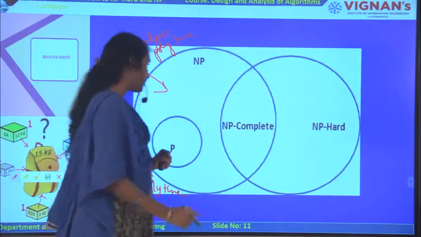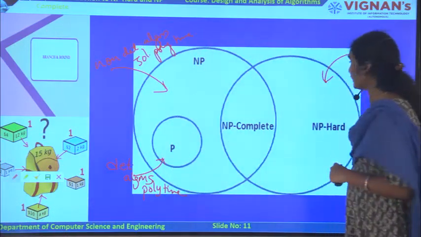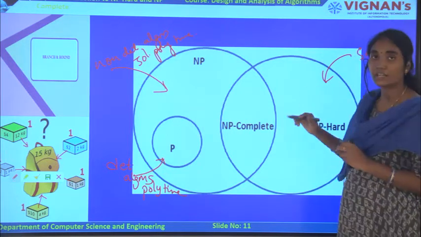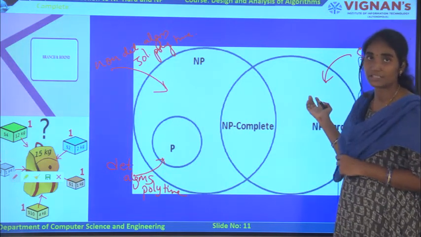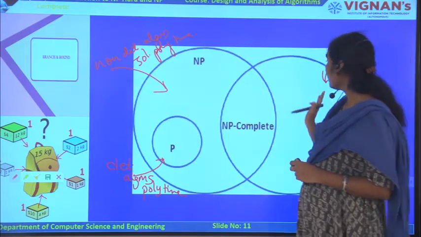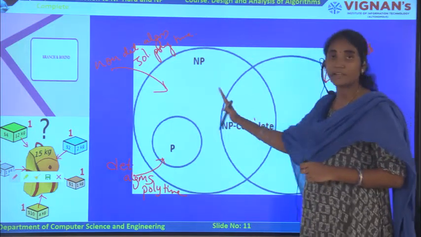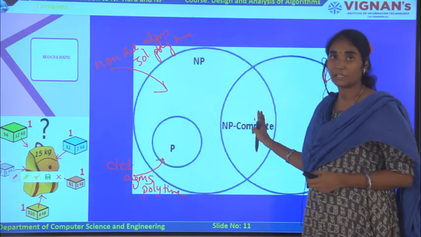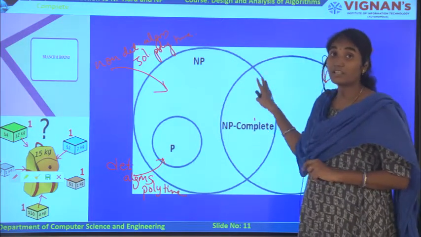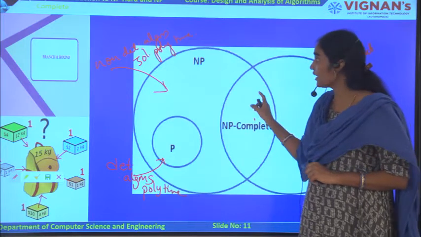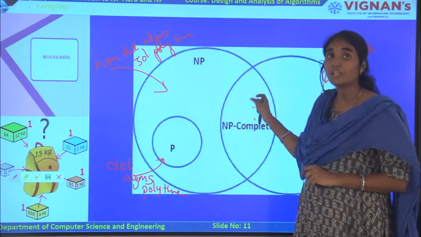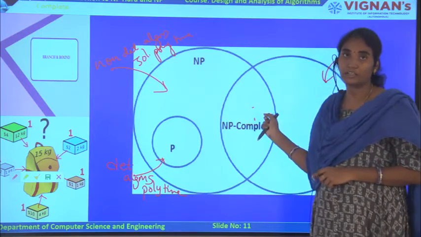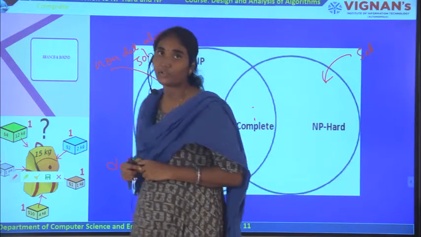And NP hard means those which are under the satisfiability condition. Those which are NP hard and NP will come under your NP complete, which is nothing but the algorithms which can be solved within polynomial time and which are non-deterministic algorithms.